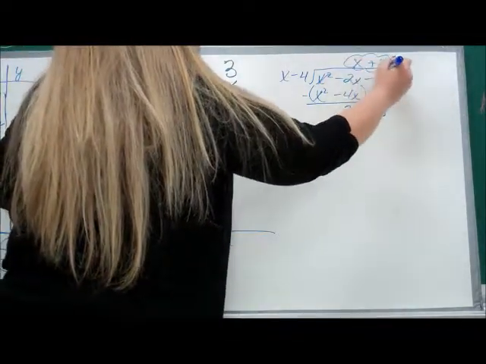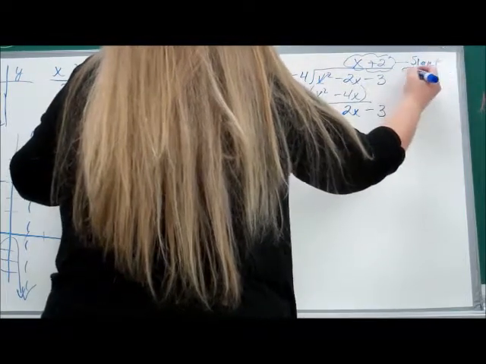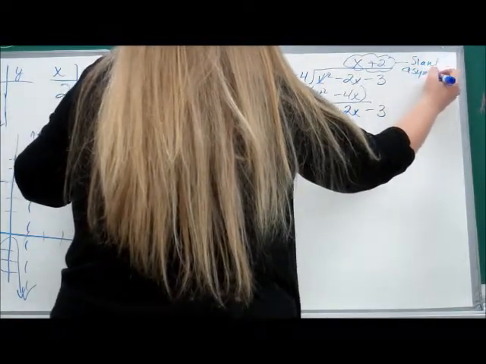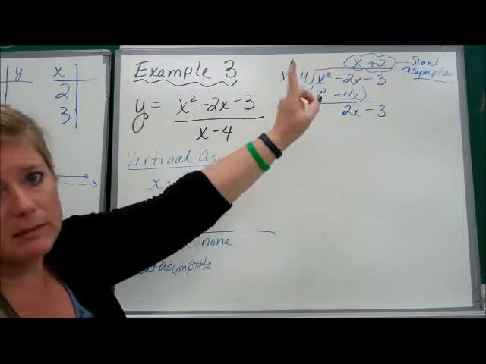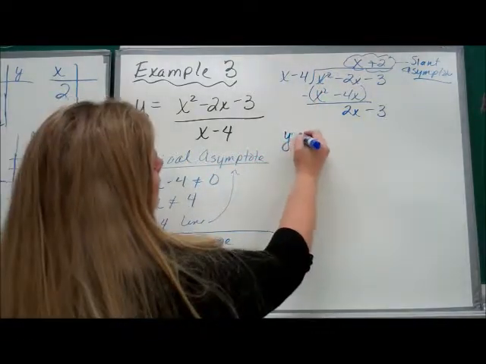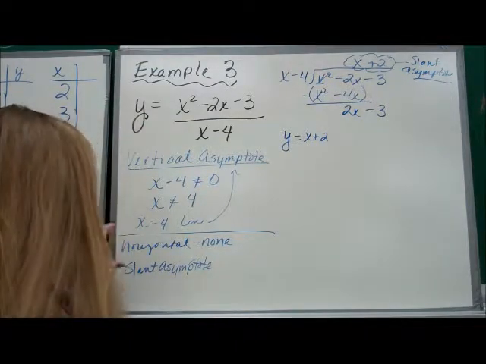This line is the slant asymptote. Okay, so that line is the slant asymptote, x plus 2. And you graph that line for the slant asymptote.